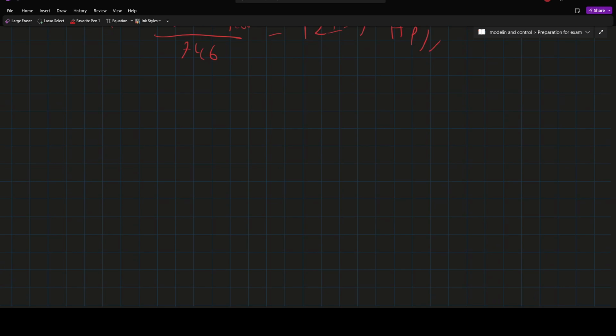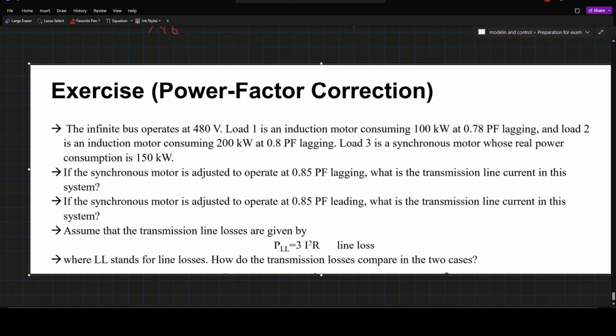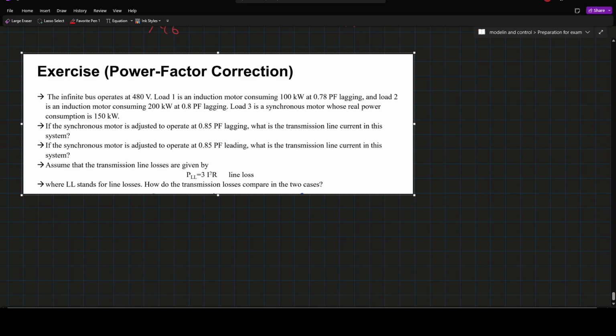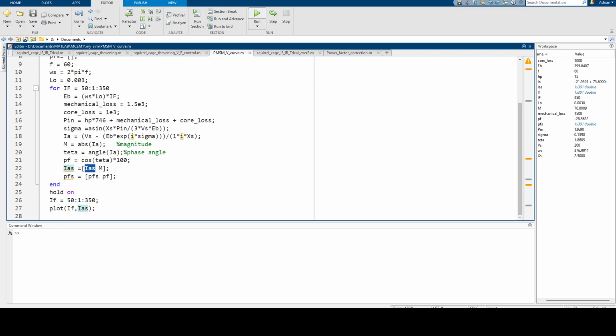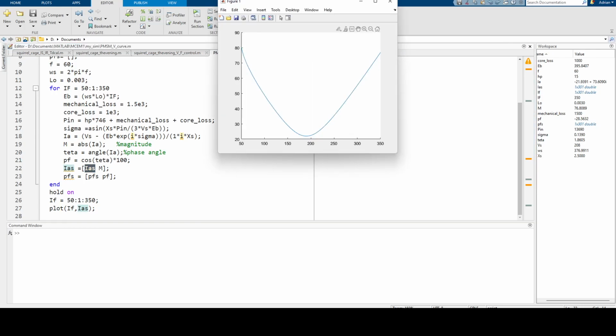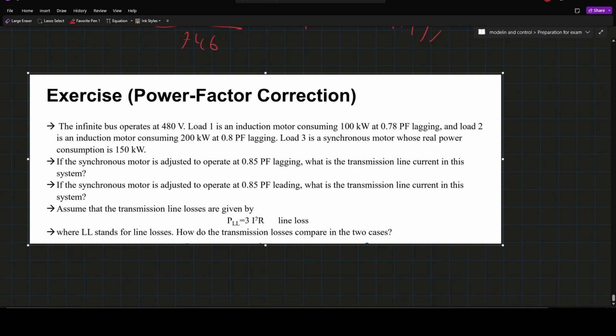Okay. Finally, we are going to see an exercise in power factor correction, because when we are working with this curve in this region, in the region where they are both increasing, our motor is actually acting as a capacitor, so we can use it to increase the power factor.